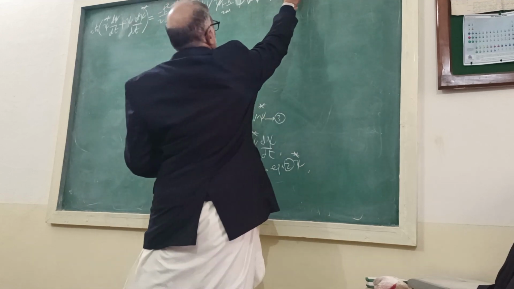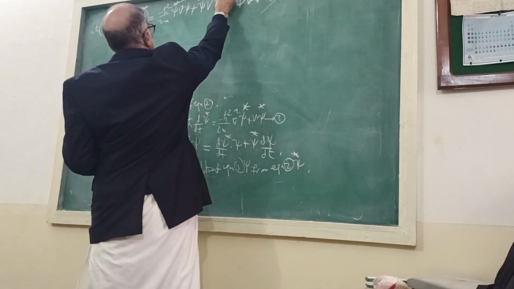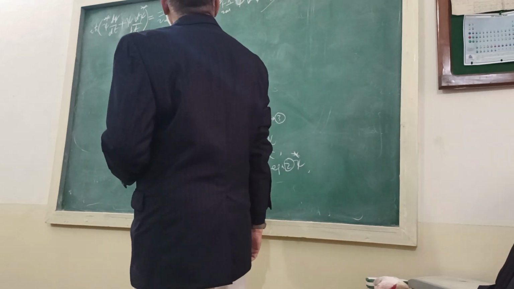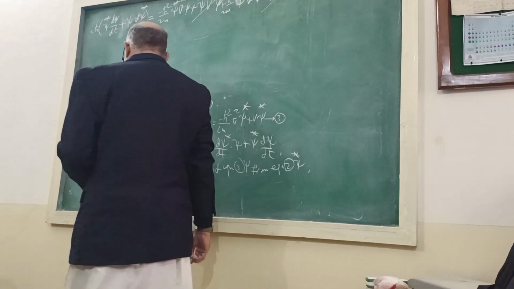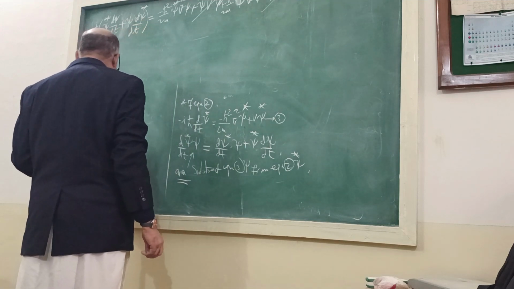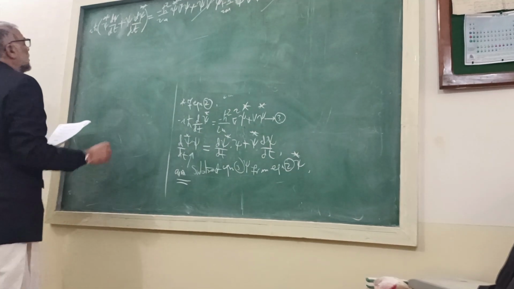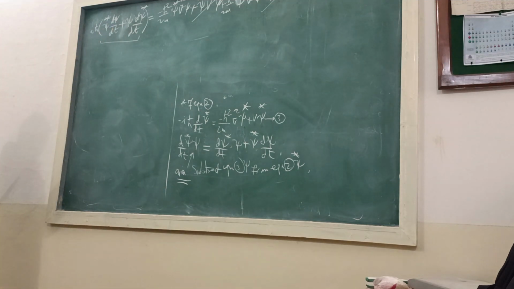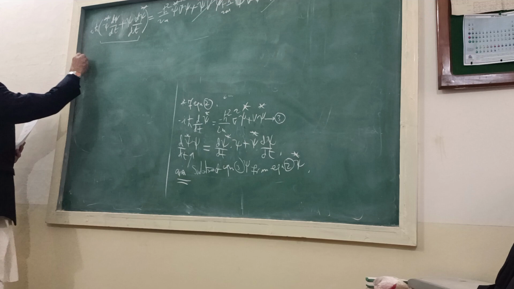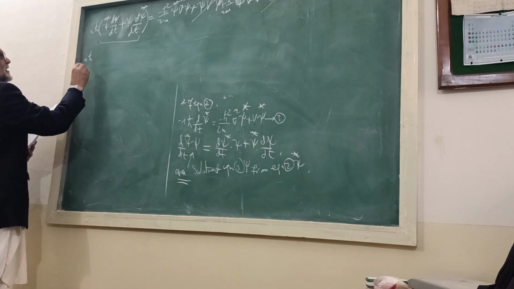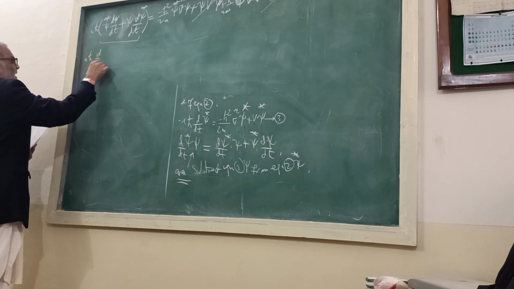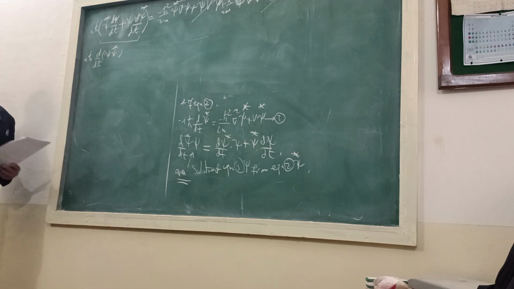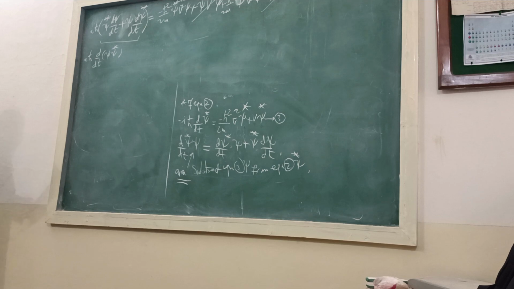This will cancel with this. So what we get here, look, what will this be equal to? iħ d by dt of psi star psi. Right?